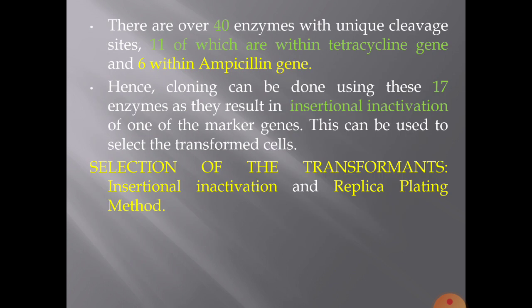Then the advantage of this vector is there are over 40 enzymes with unique cleavage sites, and out of 40, 11 of them are in the tetracycline resistance gene and 6 of them are in the ampicillin resistance gene. Hence, if you want to clone the DNA of your choice, it can be done using these 17 enzymes, as they result in insertional inactivation of one of the marker genes, either the ampicillin resistance gene or the tetracycline resistance gene.